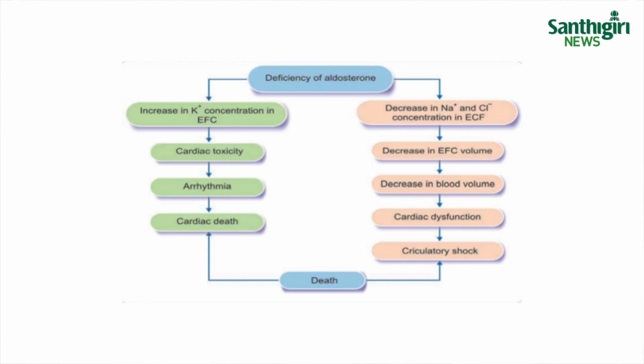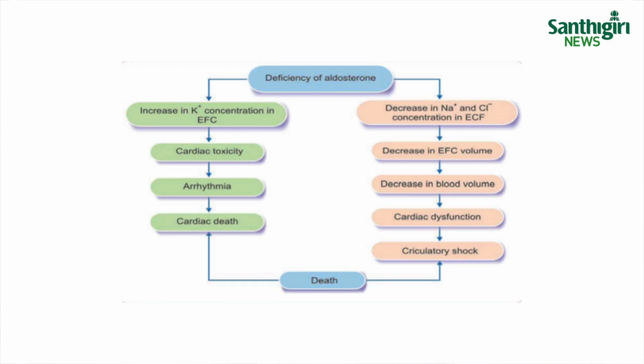When there is deficiency of aldosterone, the potassium level increases, and on the other side the sodium level decreases. The potassium level mainly influences cardiac function and muscle activity, which we have already studied in potassium metabolism.